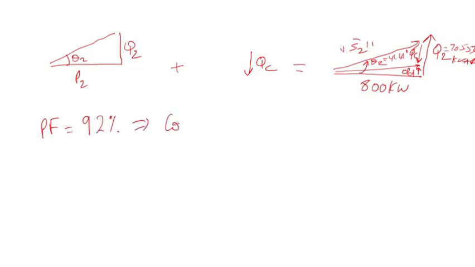That means the inverse cosine of 0.92 is equal to the angle theta, which, if you carry that out, is 23.07 degrees.